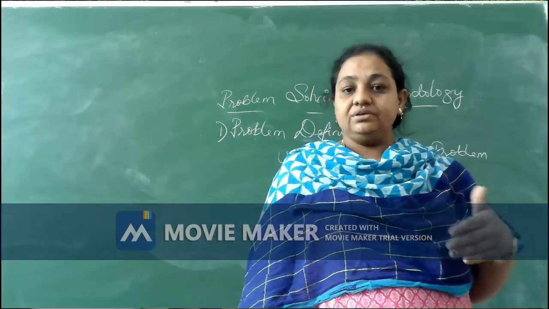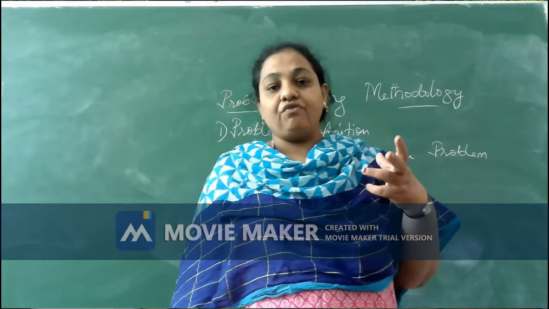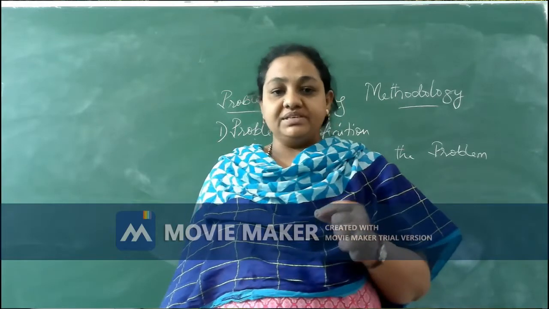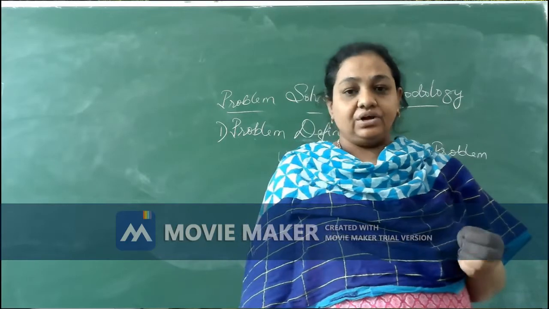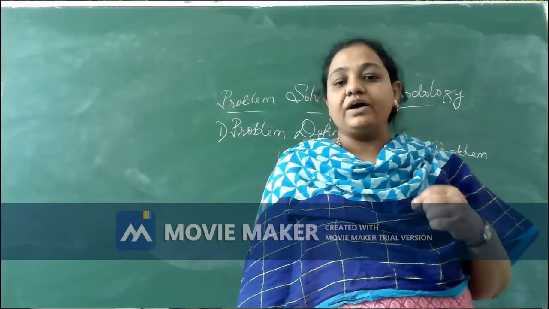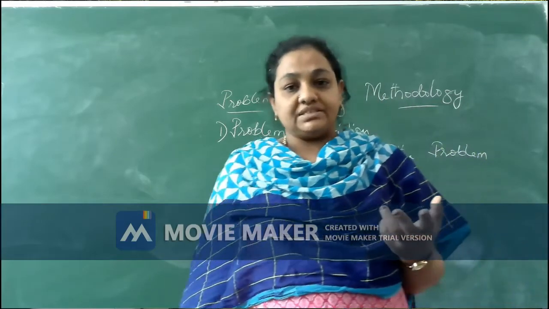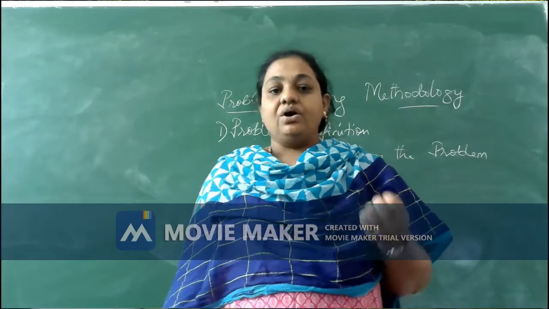For example, if I ask you to build or develop a model, say of photosynthesis, first you have to know what the problem is, that is, what exactly you have to do. So you have understood that you have to build a model to represent the process of photosynthesis.